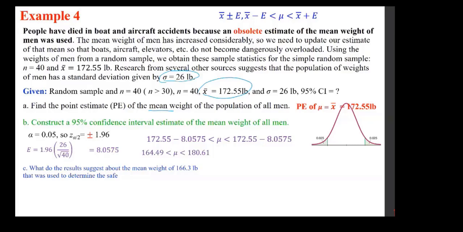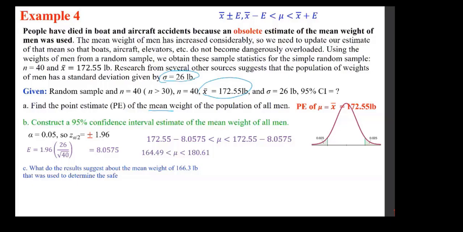First of all, just in short, if we were to discuss this confidence interval, we would say we are 95% confident that the true mean weight of men is between these two numbers, 164.49 and 180.61 pounds.